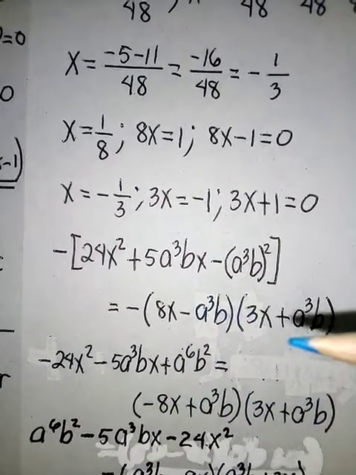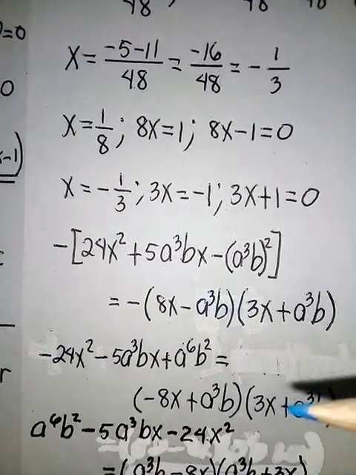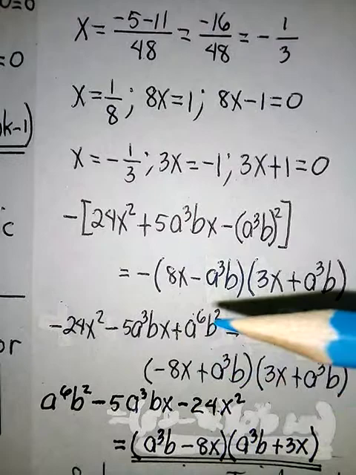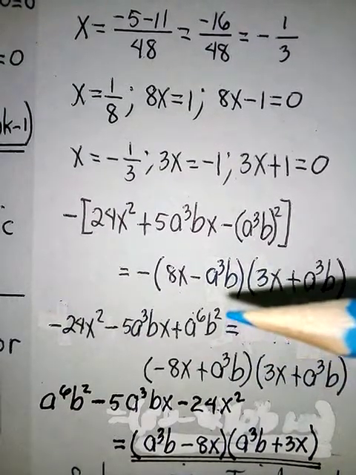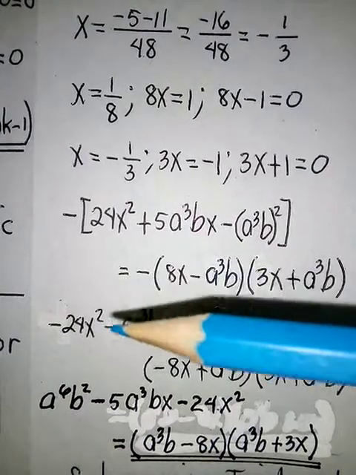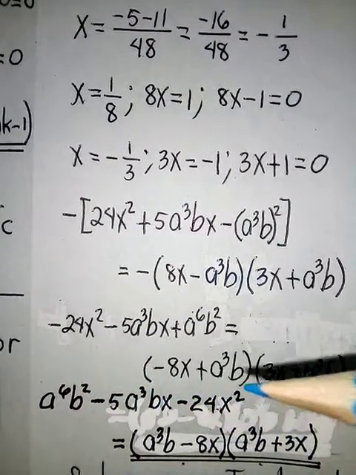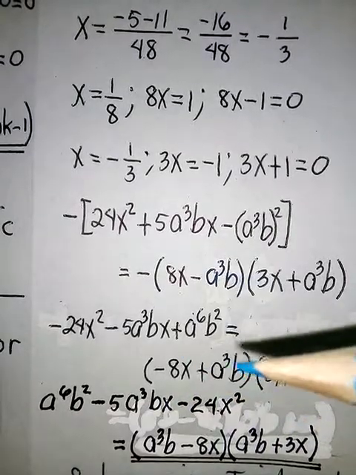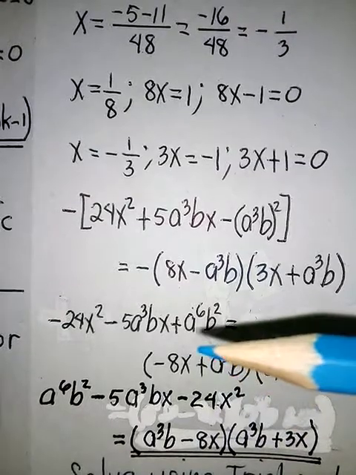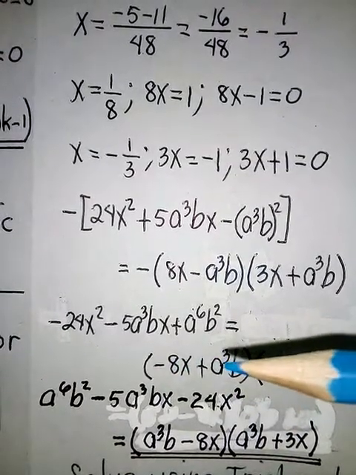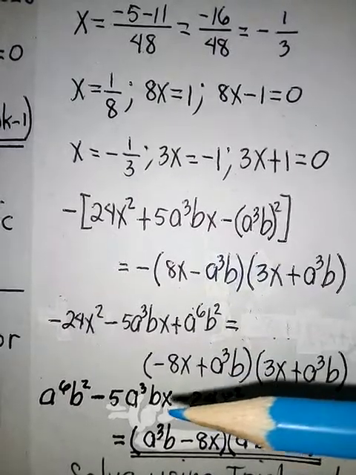And then let us arrange this so that we will have the original equation, a to the 6b squared minus 5a cubed bx minus 24x squared, is equal now to, arranging this also by writing first the a cube b, quantity (a cube b minus 8x) times (a cube b plus 3x).